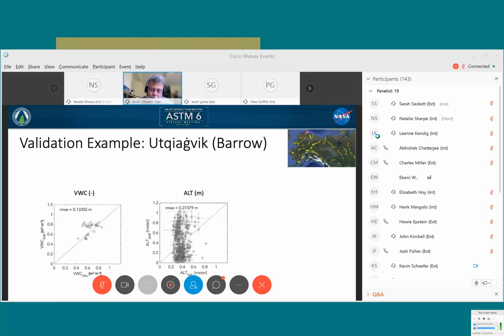What is not so encouraging is this. On the horizontal axis, you've got the field measurements of active layer thickness. On the vertical axis, you've got the retrieved active layer thickness. Now, when we did the same validation for satellite-based estimates of active layer thickness, they bunched up very nicely right on that 1-1 line.